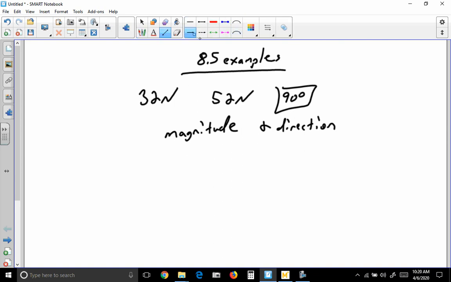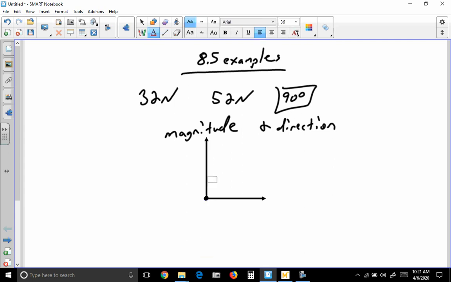So when they say that we have these two vectors at a right angle, imagine that we have a point, and from that point, we have a 32 Newton force going in one direction, a 52 Newton force going some direction that is perpendicular to that. So it could be going up or down. But the idea here is that the angle between them is 90 degrees.